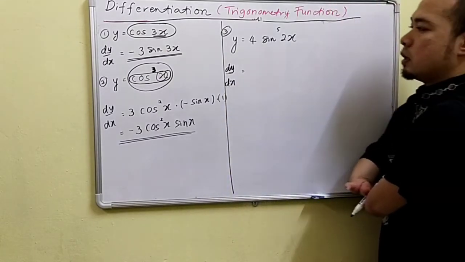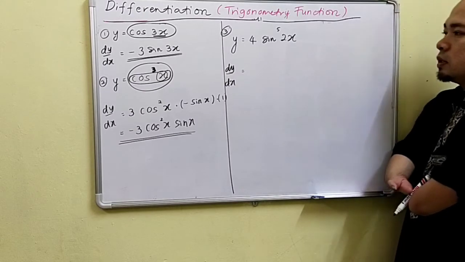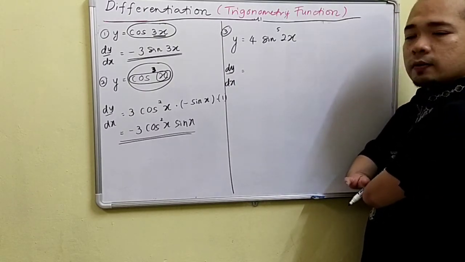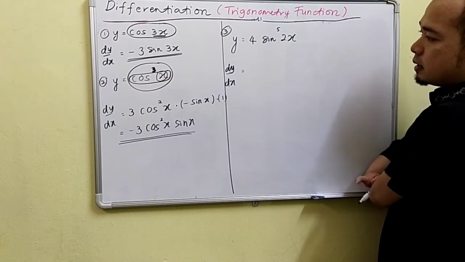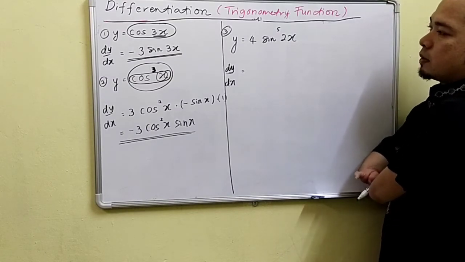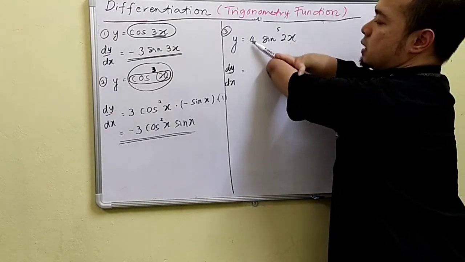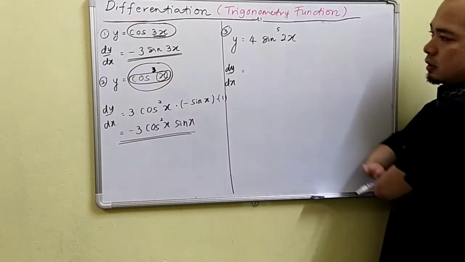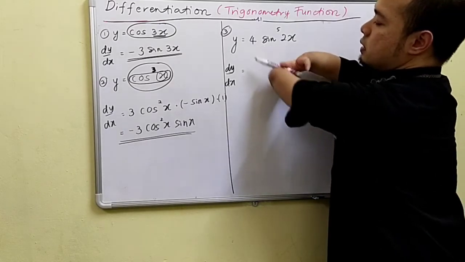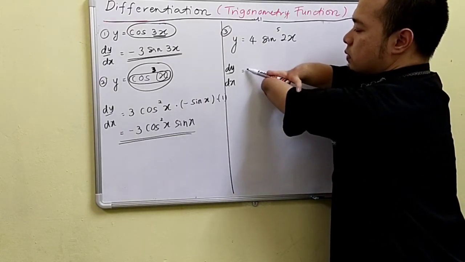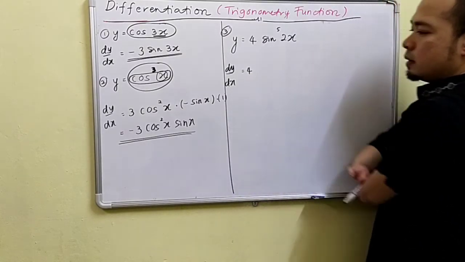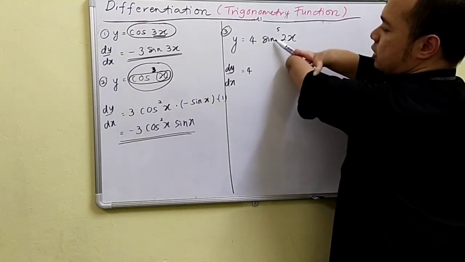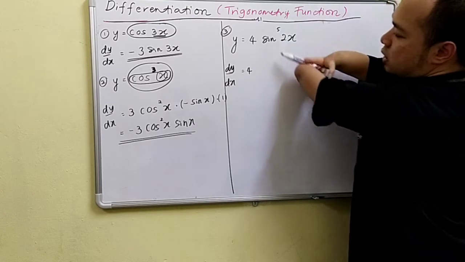Now what we are going to do is remember the rule, use the outside and inside. This number 4 is a constant. Always remember, the constant will remain.